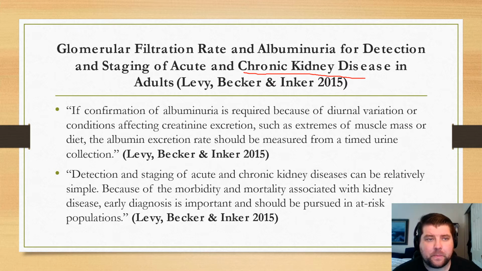The albumin excretion rate should be measured from a timed urine collection. So it needs to be measured over a certain period of time in order to find out what's going on.